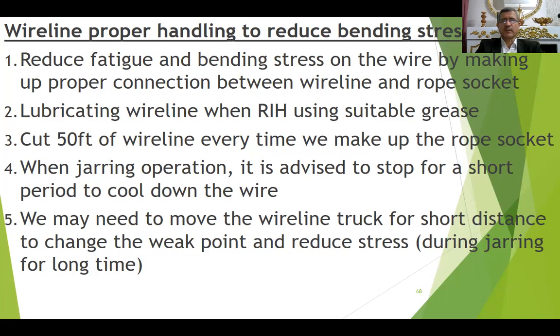The wire will become hot, so we can stop and let it cool. We may also need to move the wire many feet to change the weak point and reduce the stress during jarring for a long time.